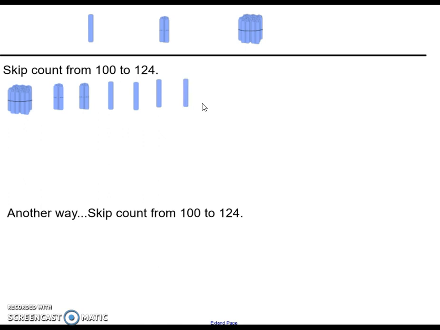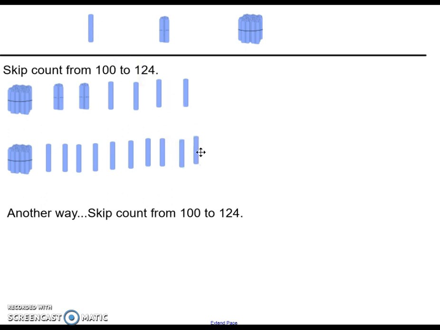But there's other ways. So let's try a different way. So we'll start with our 100 again. But this time, let's count with some ones. So from 100, we could do 101, 102, 103, 104, 105, 106, 107, 108, 109, 110.